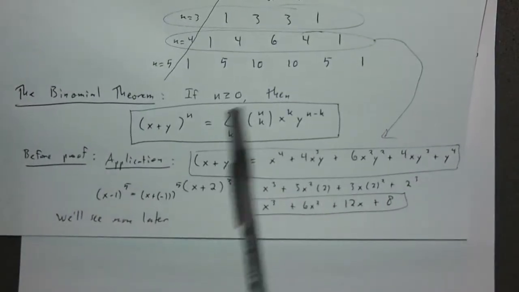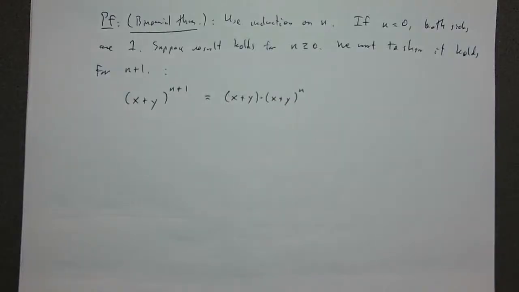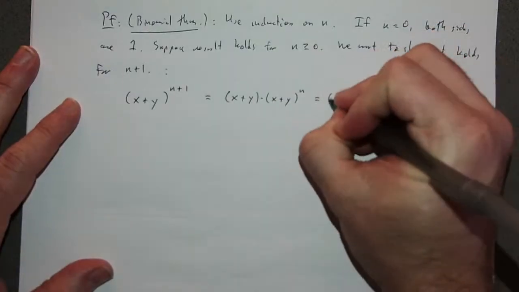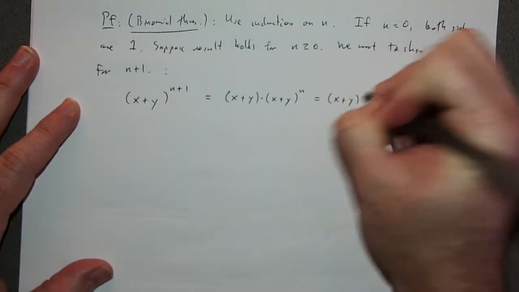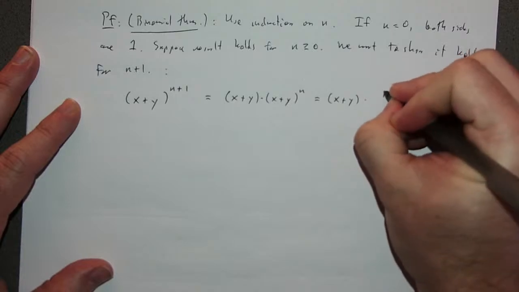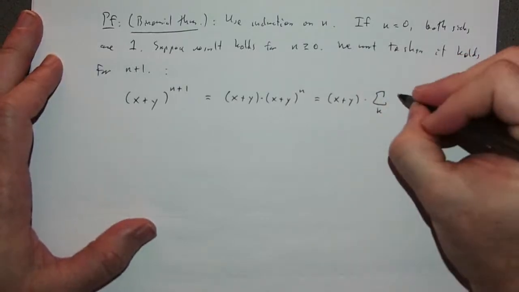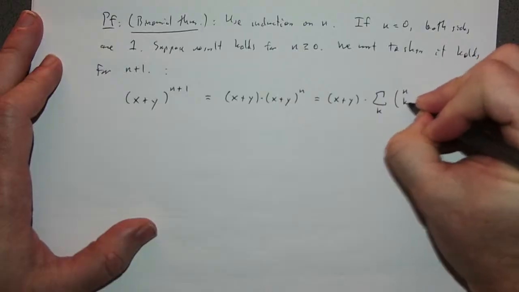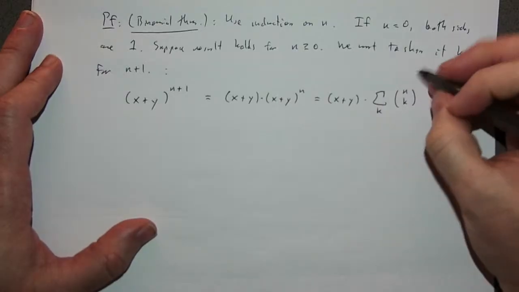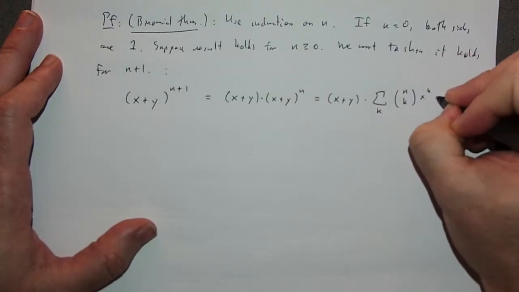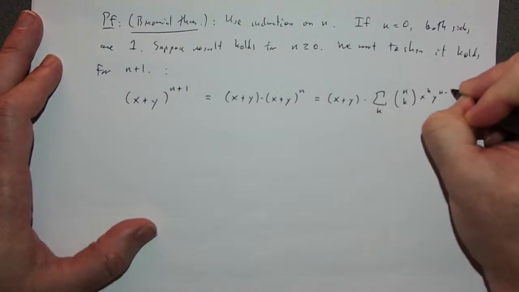So of course, this is what I get in place of x plus y to the n. So this is x plus y times the sum over k of n choose k times x to the k, y to the n minus k.